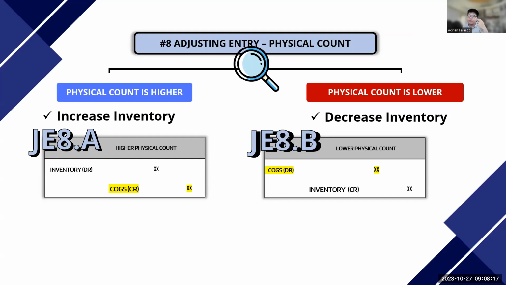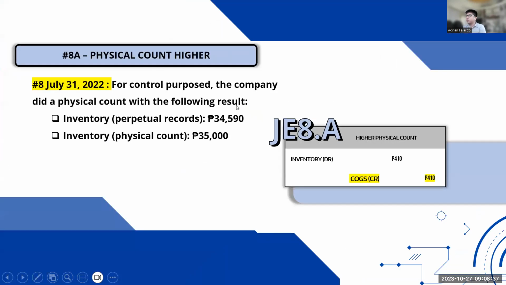And again, every time you increase or decrease inventory, usually, ang kapartner niya would be cost of goods sold, right? So, if you increase inventory debit, your corresponding credit would be COGS. If you decrease inventory, if the physical count is lower, the debit would be cost of goods sold, right? So, here, based on your record, it's 34,590, but then the count is 3,500.